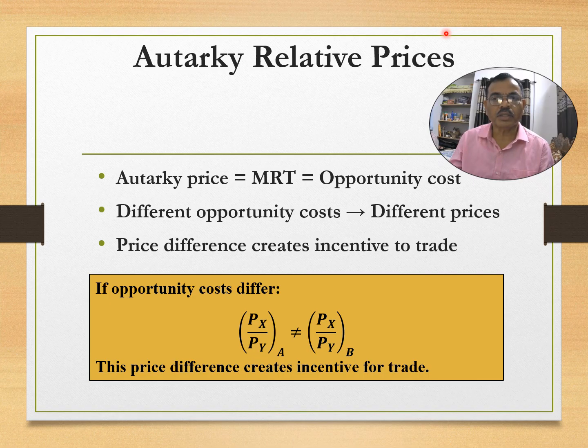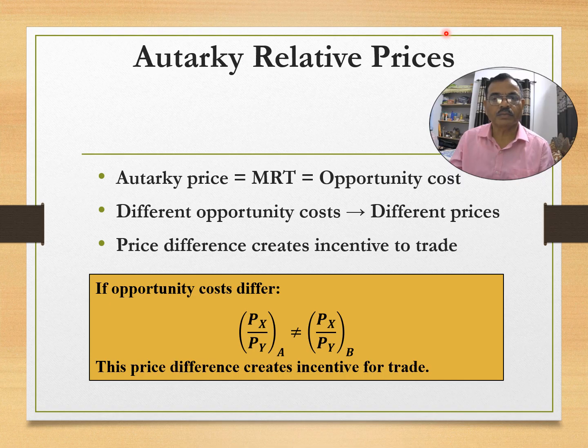That is, MRT equals MRS. And at that point, autarky relative price equals opportunity cost. So, if opportunity costs differ between countries, their autarky relative prices will also differ.